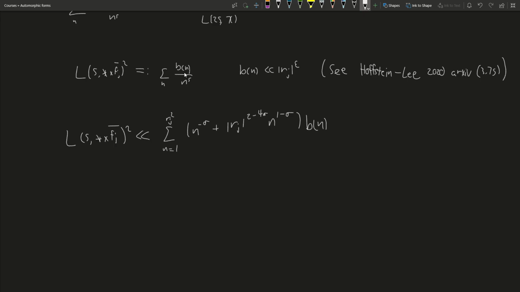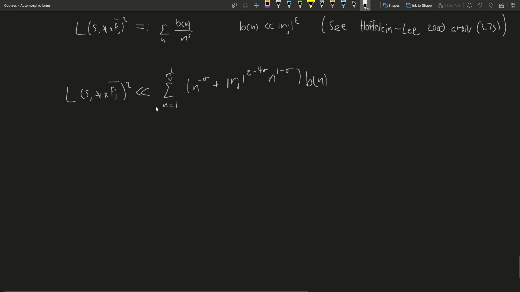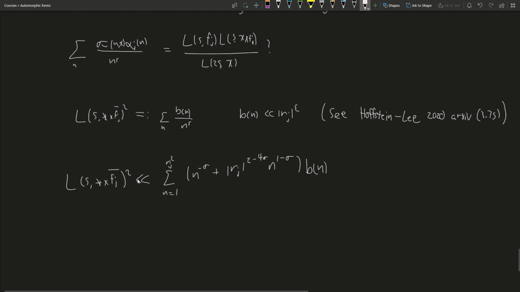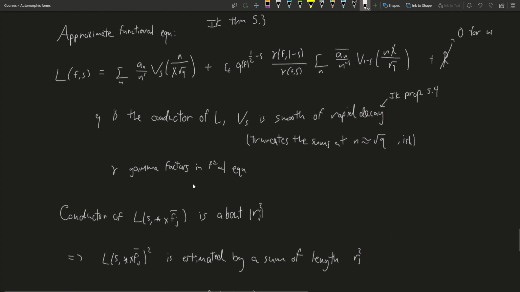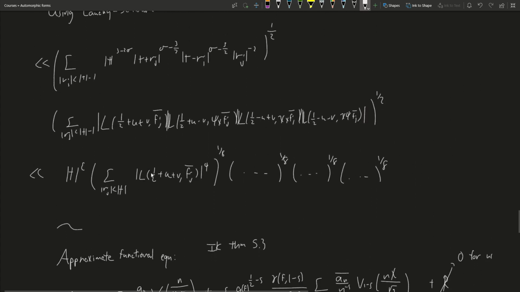You can see that b_n and b_n conjugate, they're about the same size. This is all just less than. Now, so we've got this approximation, and we can think about putting this into this sum right here.